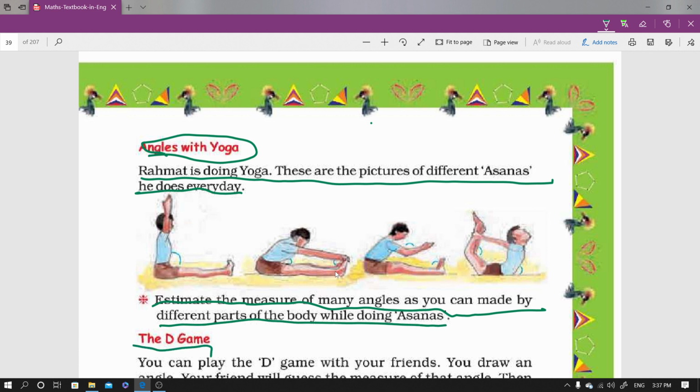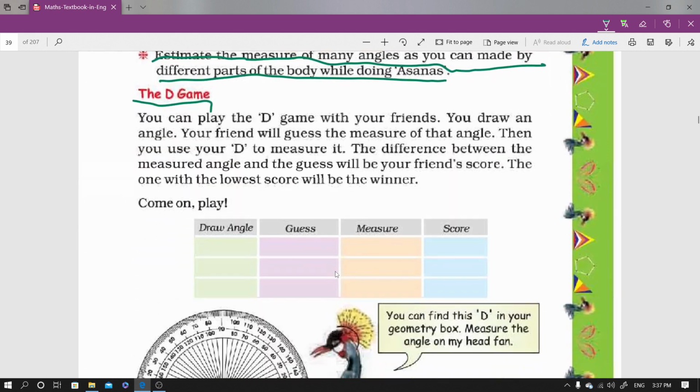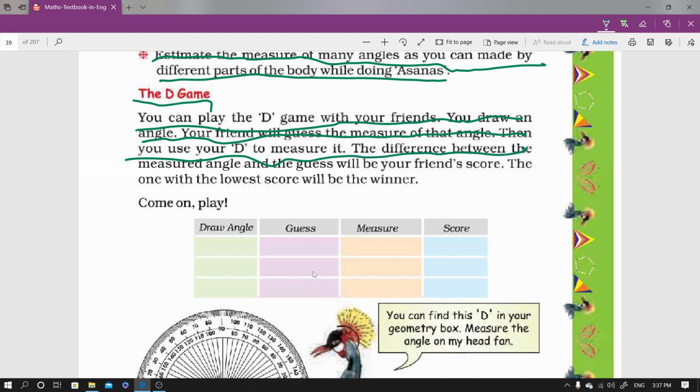The D game. You can play the D game with your friend. You draw an angle. Your friend will guess the measure of the angle. Then you use D to measure the difference between the measure and the guess, and that will be your friend's score.